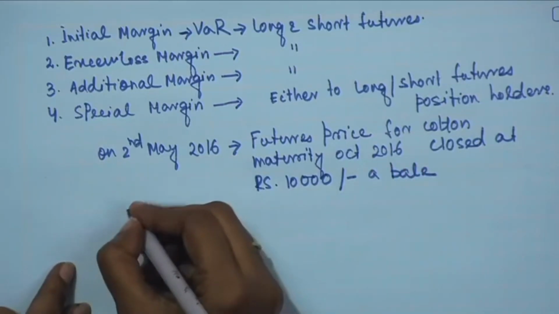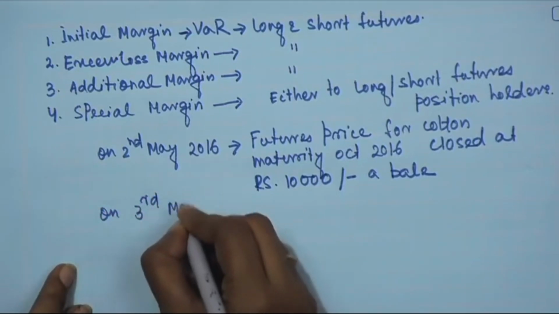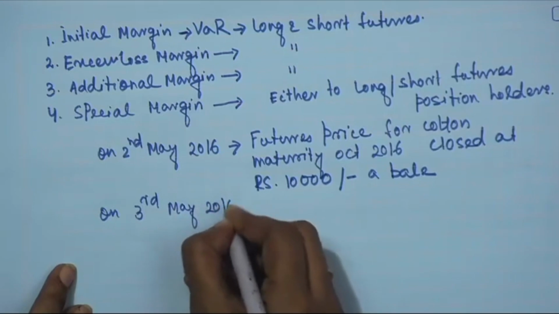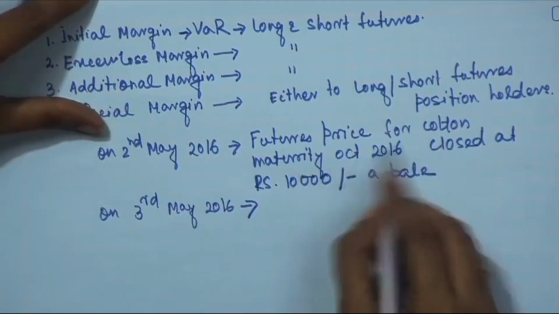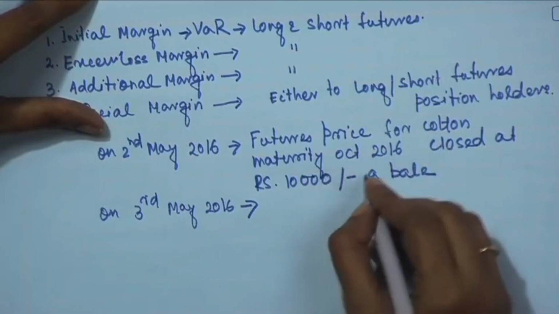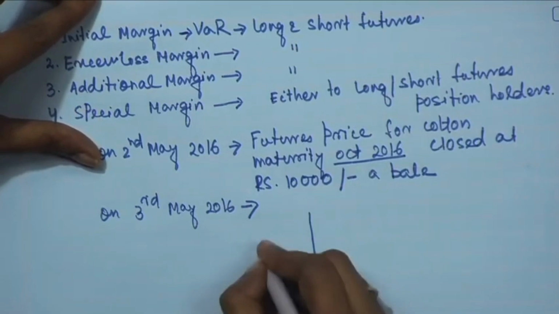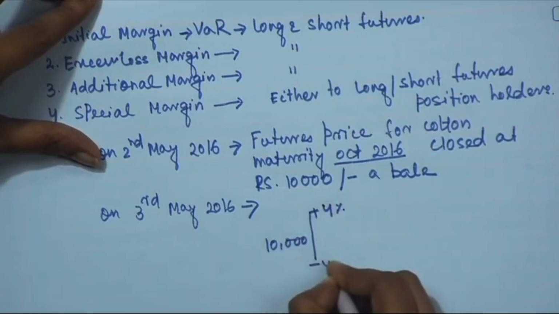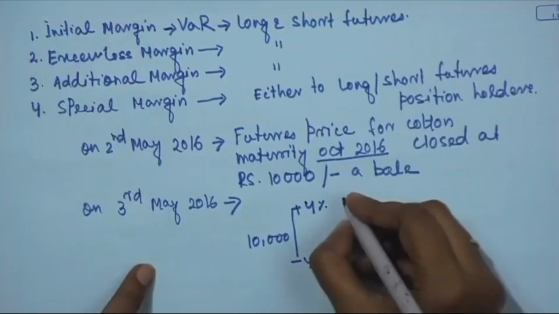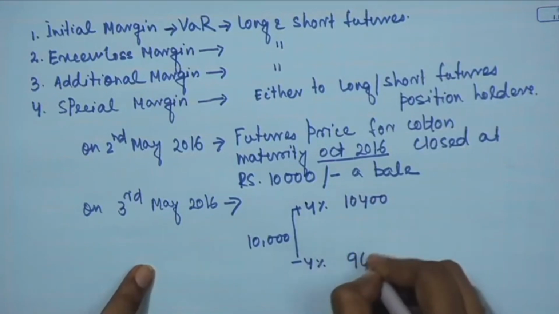Now, on 3rd May 2016, if the same futures price, that is the cotton contract maturing in October 2016, goes to a price level of plus or minus 4%, that is 10,400 and 9,600.